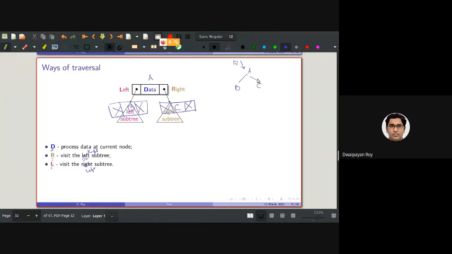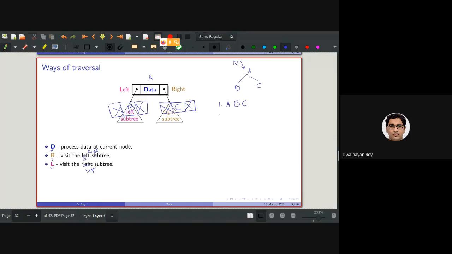Okay, so please help me: how many ways can we process A, B, and C? Three? How many? What is the first way of accessing? From A to B, then again A, then C. Yeah, so by processing, I mean just getting the value that is stored.